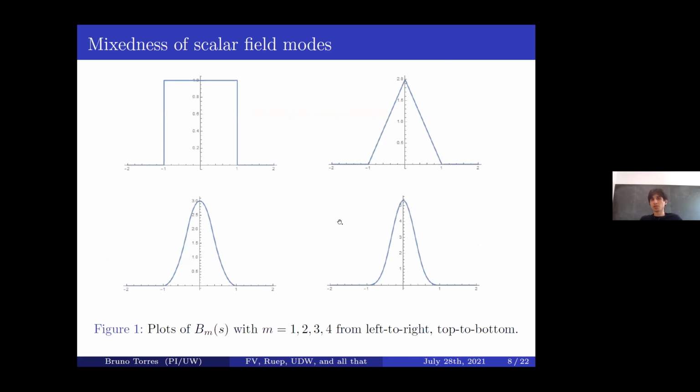Just to get a bit of intuition of what these self-convolutions of the rectangle function do, they basically, of course, don't change the support of the region, so it's always going to be supported between -L and L, or in this case, -1 to 1. And each self-convolution smoothens out the curve, basically.